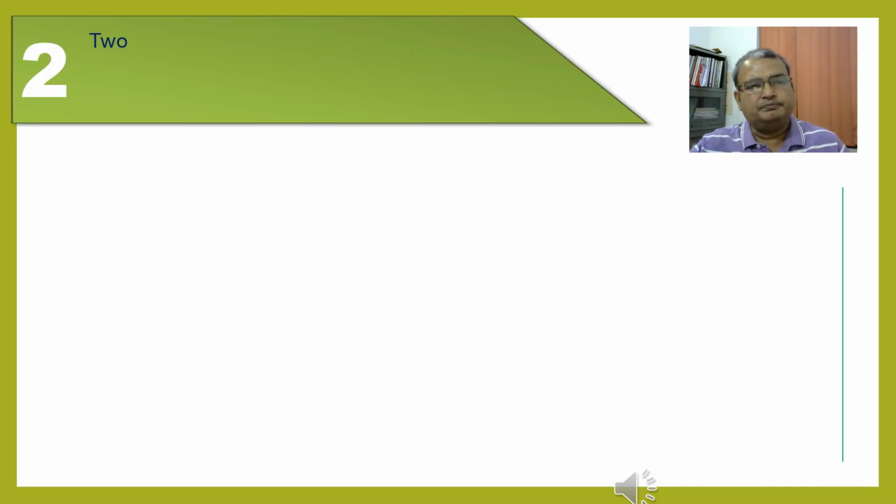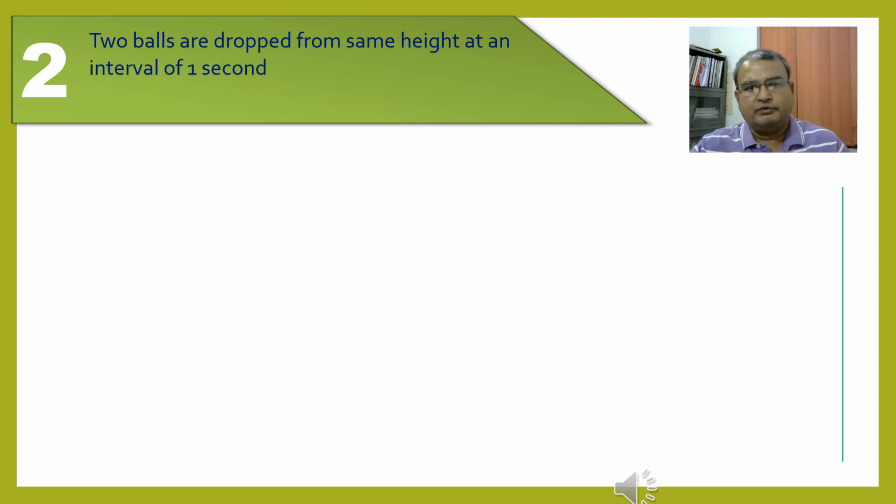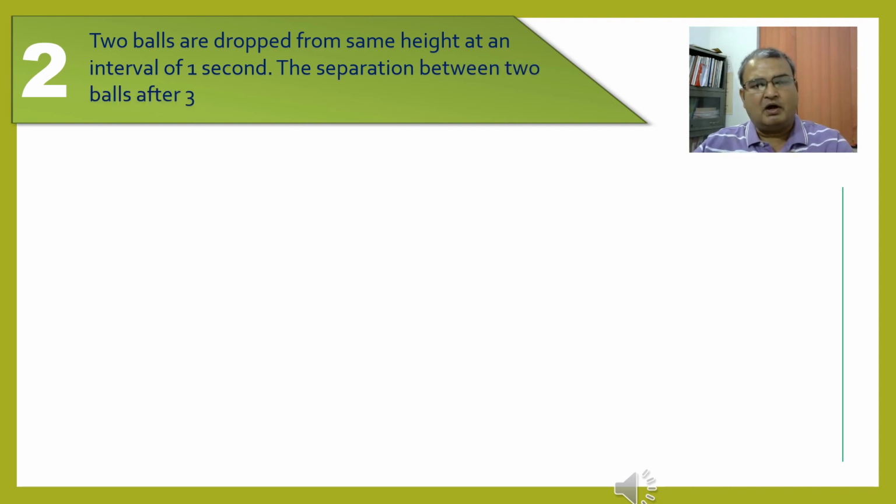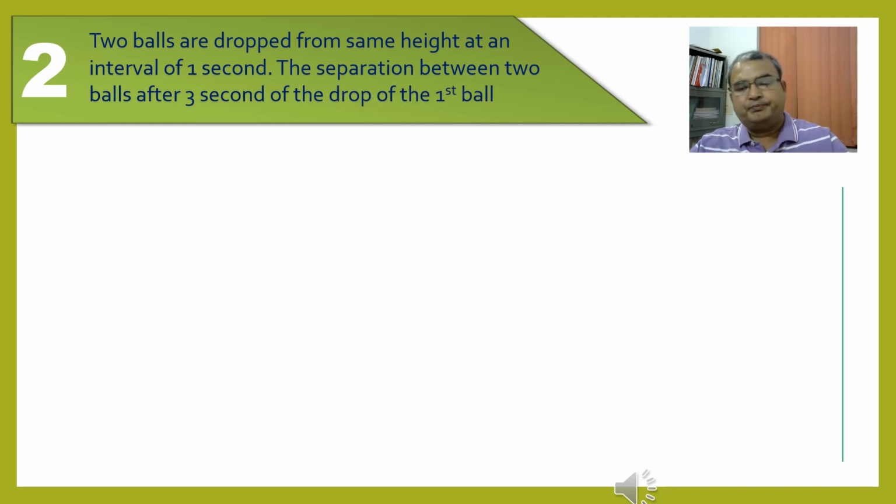Second problem. Two balls are dropped from the same height at an interval of 1 second. Find the separation between the two balls after 3 seconds of the drop of the first ball.